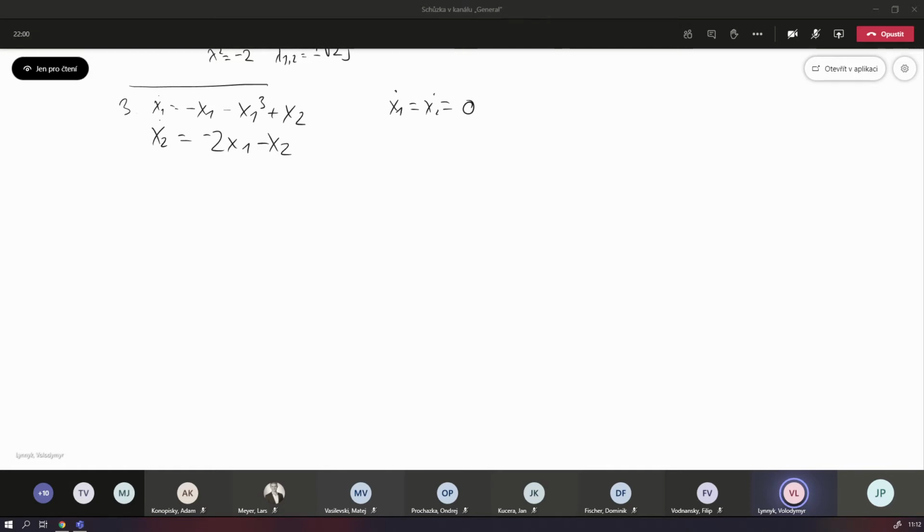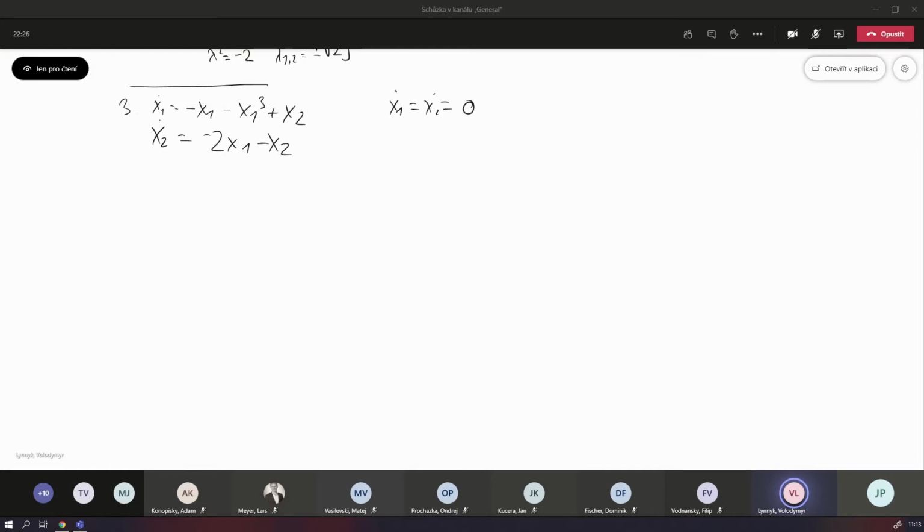You don't need to solve complex equilibrium points in the exercise, okay? Because maybe 10 people did it in the homework.